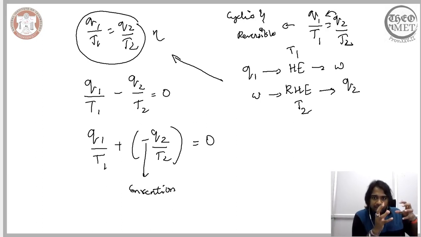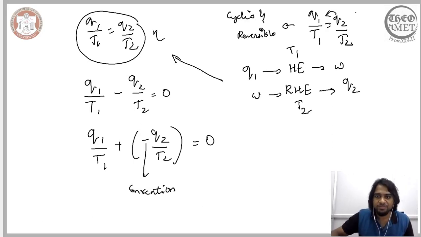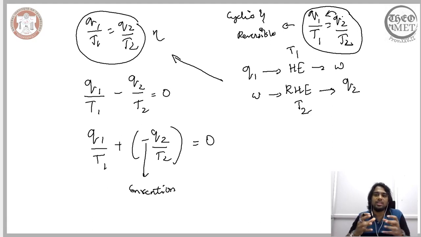So one way of understanding cyclic and reversible is by considering this expression alone, and this would be purely a mathematical way of understanding it. When you want to understand it from a physical standpoint, then we need to consider the operation of a heat engine and a reverse heat engine.